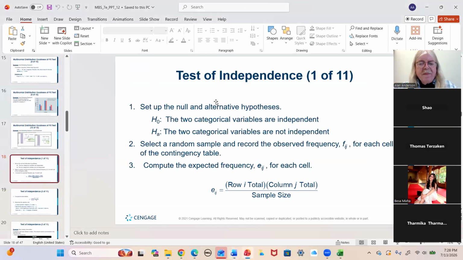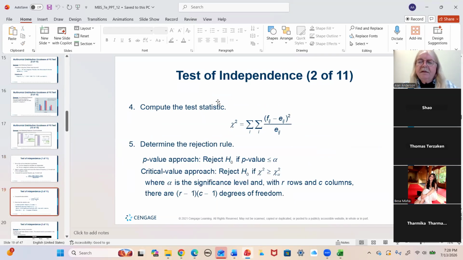So here's what we have to do. Well, what do you know? Doesn't this look just like the other one? But you notice there's two subscripts. F still means observed frequency, E still means expected frequency, but before we were only looking at either one row or column of data.